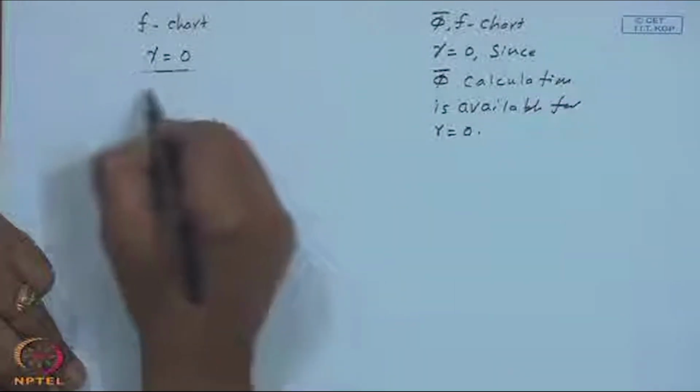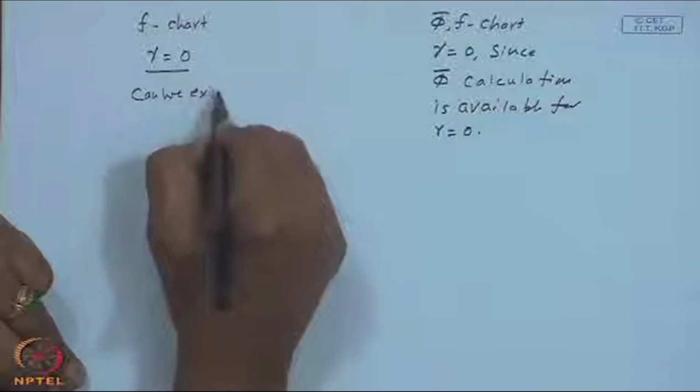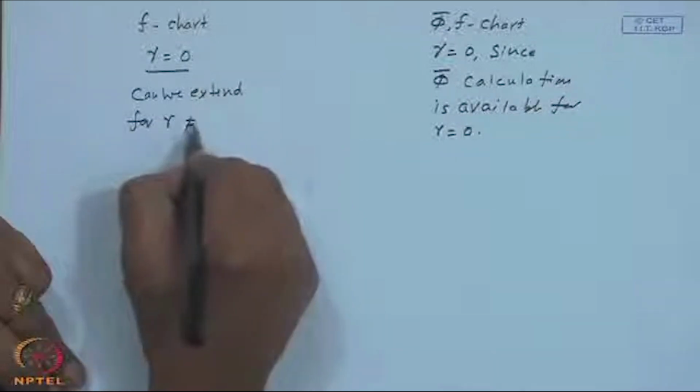Can we extend this for gamma not equal to 0?